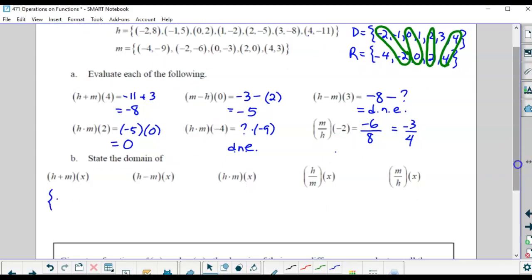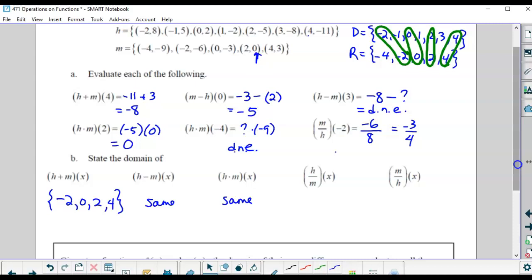So this is going to be negative 2, 0, 2, 4. This will be the same. This will be the same. And then we need to check here. When do we get a y value of 0 for m? So you want to look up here. There's a y value of 0. When does that occur? When x is 2.